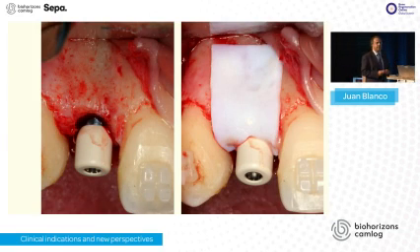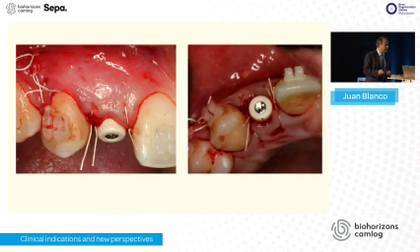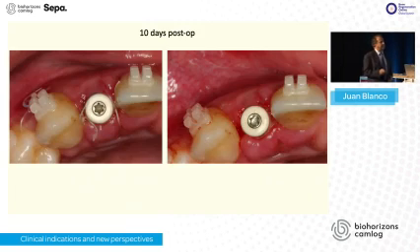And once we adapt the membrane, we close very easily every part of the flap until we have finished. And this is the convexity that you can see in the vestibular aspect of this implant.